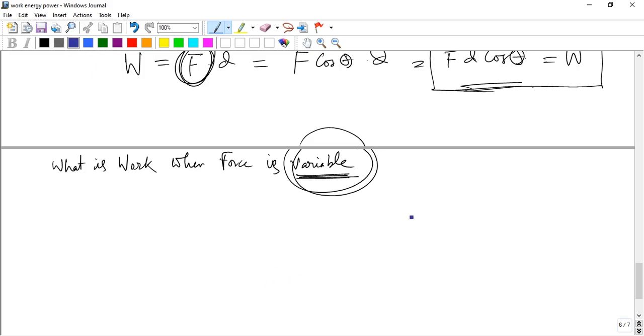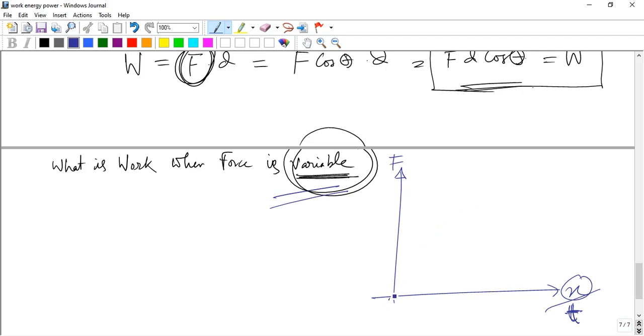Suppose we draw a graph with x, which could be displacement or time, as the variable. If displacement increases and force also increases here, like this, then at each point there is some value of force.